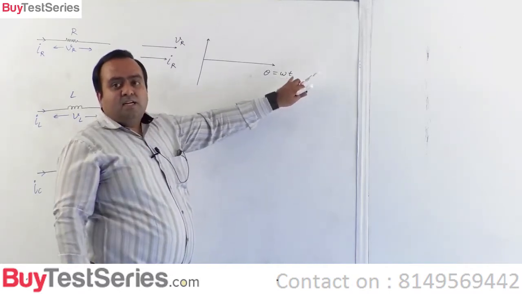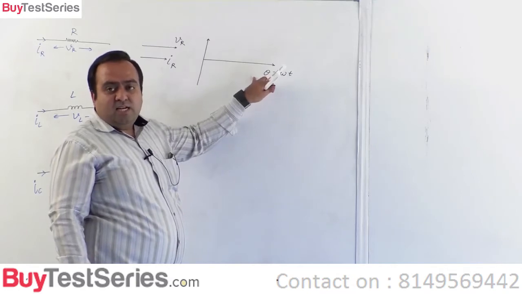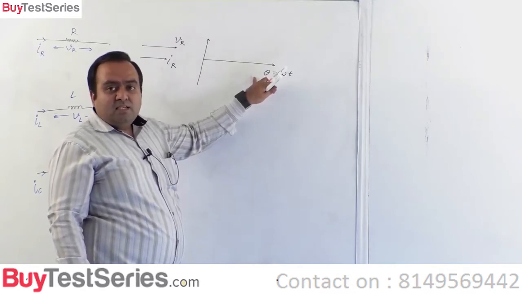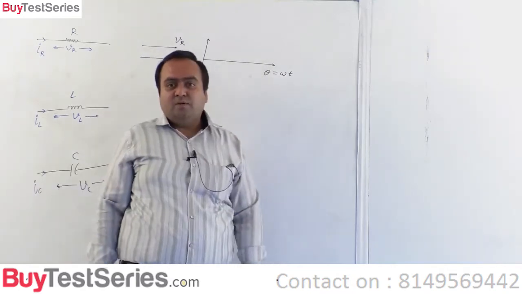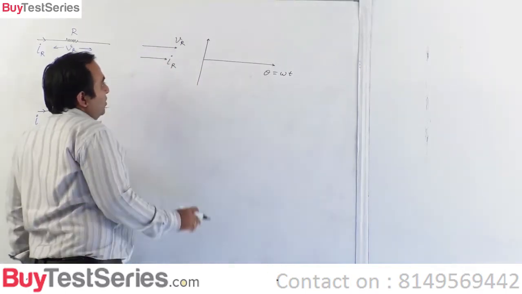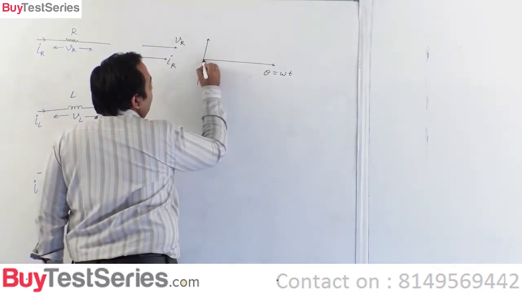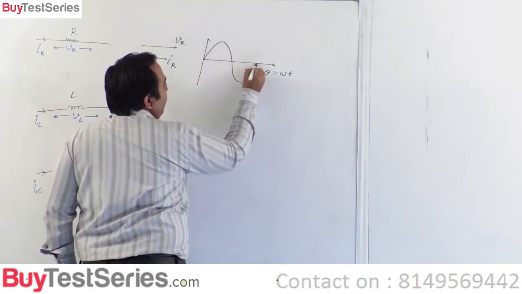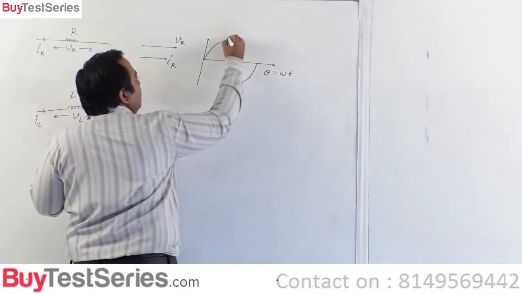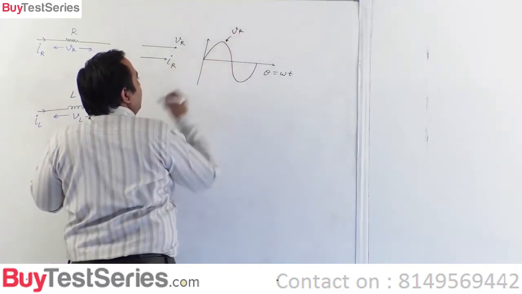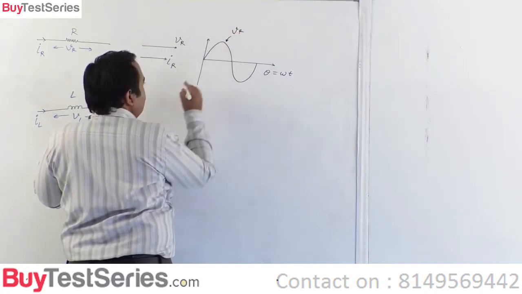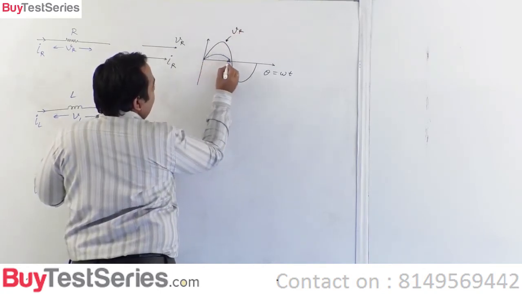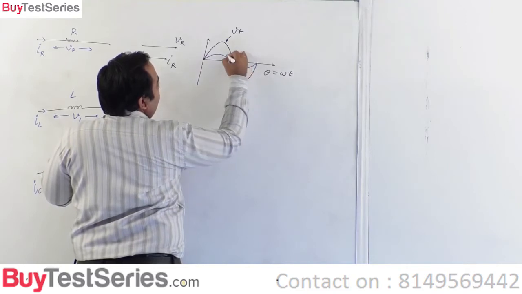So radian per second into second becomes radian. So this theta is usually measured in radians and can be converted to degrees whenever needed. Here, if this is your waveform of voltage VR, then this is IR.